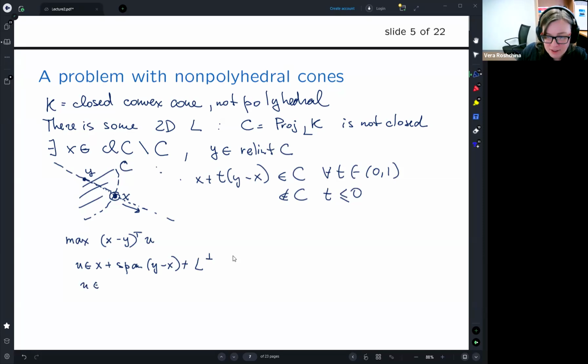Then, with U in K, this optimization problem is not going to have an optimal value.